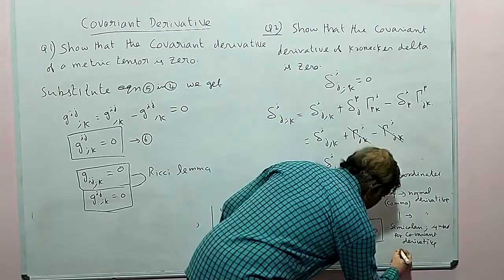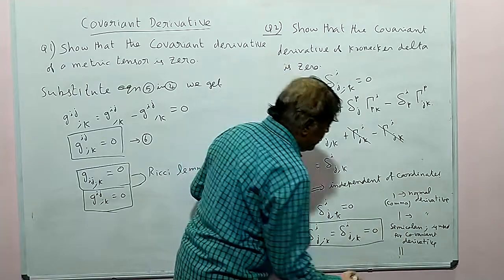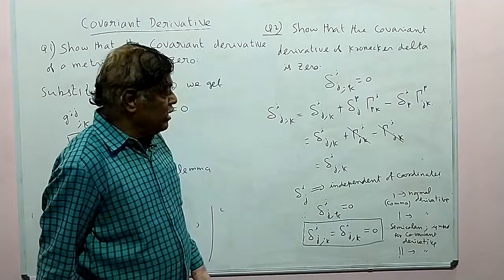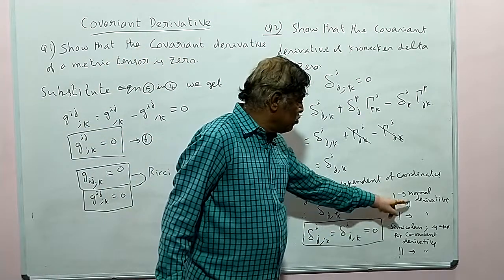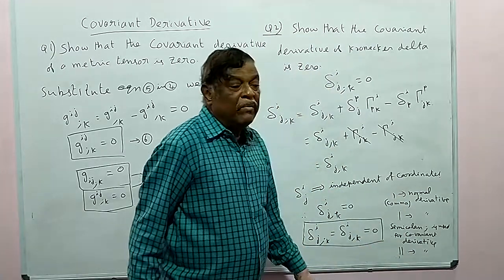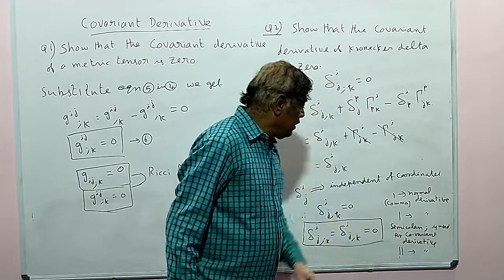Some others use a double vertical bar for the covariant derivative. So comma or single vertical bar is used for normal derivative. Semicolon or double vertical bar may be used for the covariant derivative.